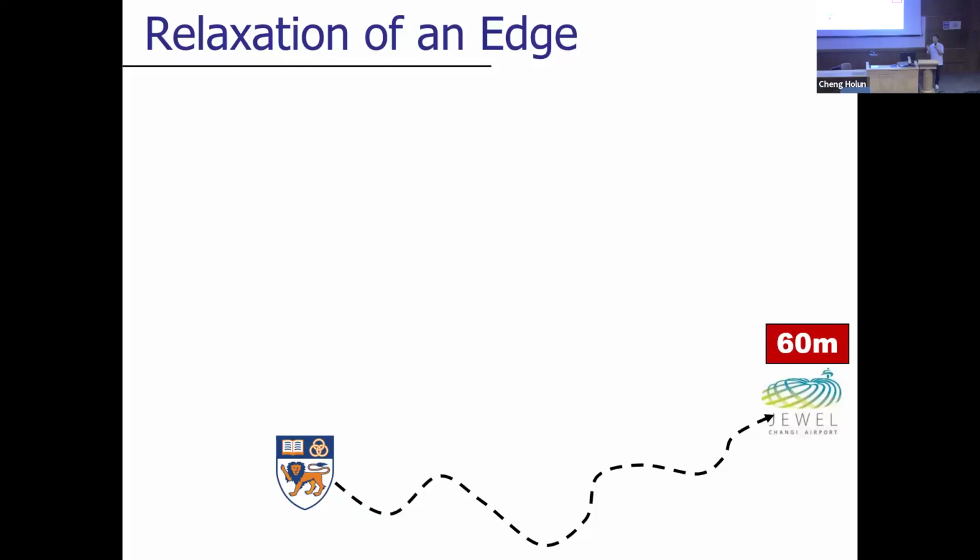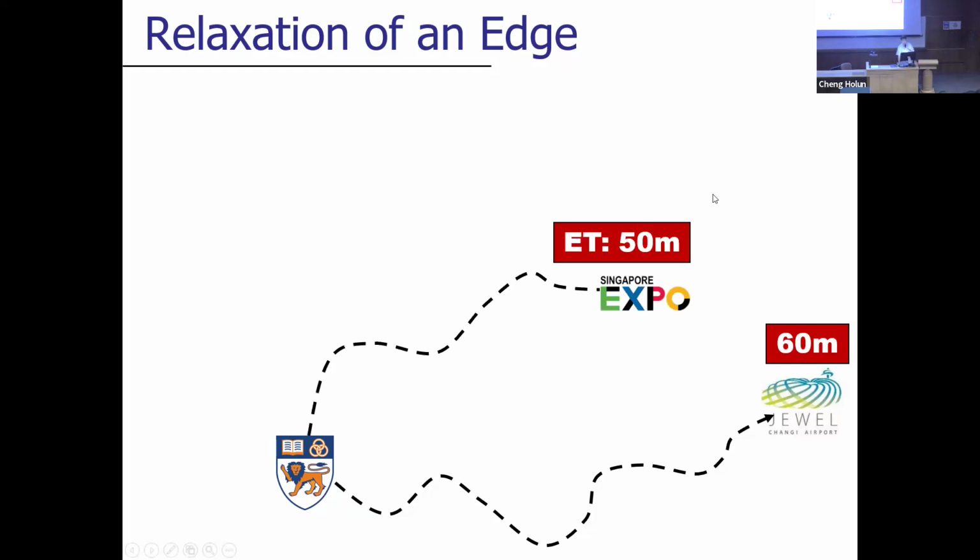Okay, that's what I knew. And now I want to add one piece of information. I know that somehow, I don't care how you go over there, maybe it's a bus, whatever, from NUS I go to Expo, I need 50 minutes. Okay, this is just facts.